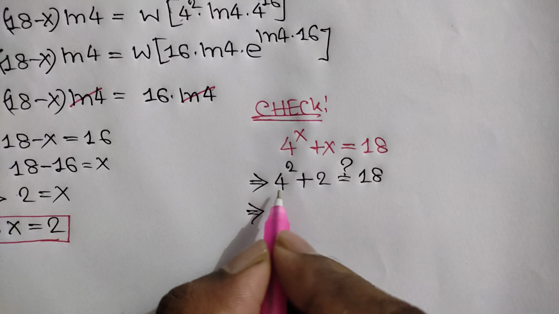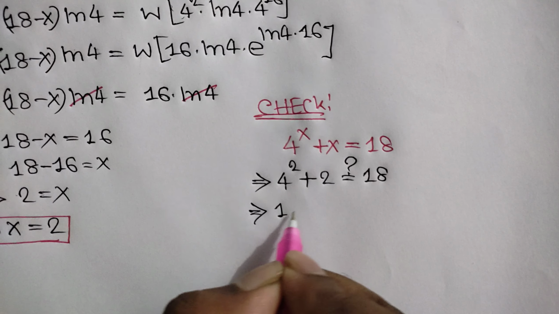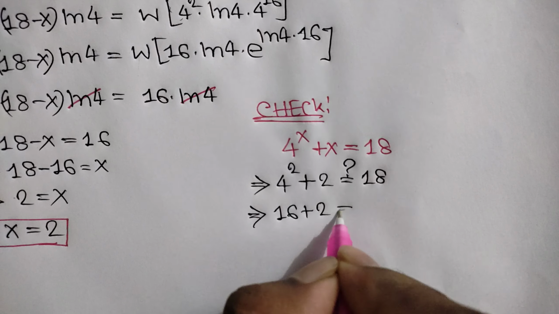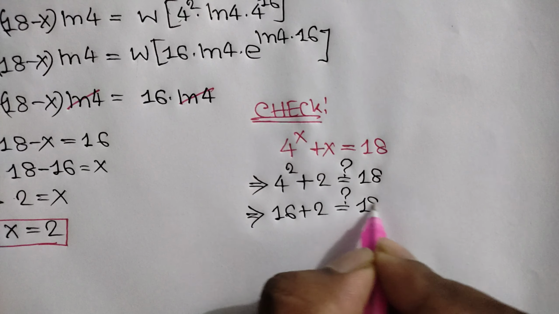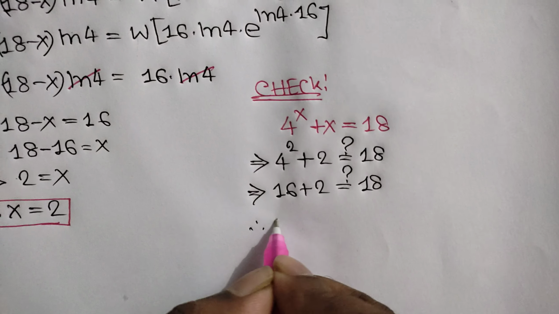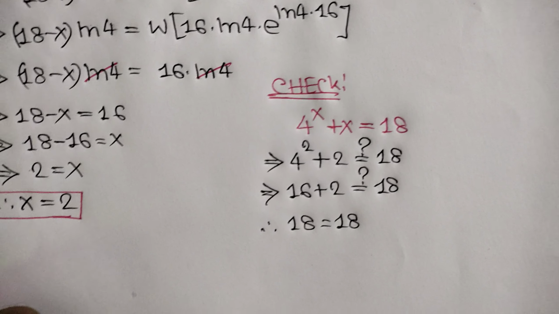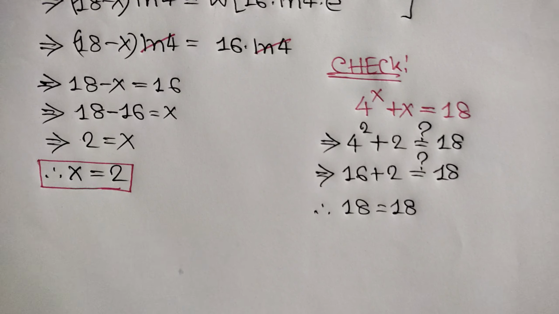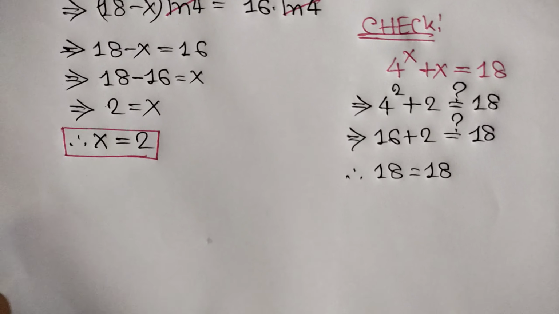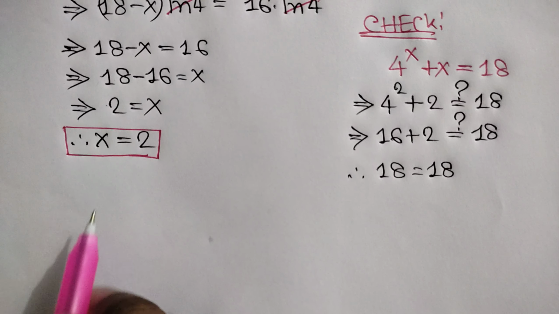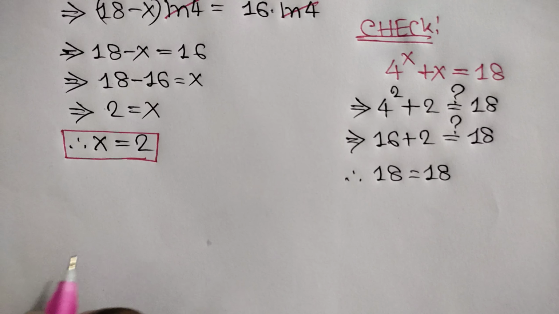We know that 4 square, that means 4 times 4, that means 16, plus 2 is equal to 18. So 18 is equal to 18, so the right hand side is equal to the left hand side, so we can write the value of x is equal to 2. This is the root of this equation.